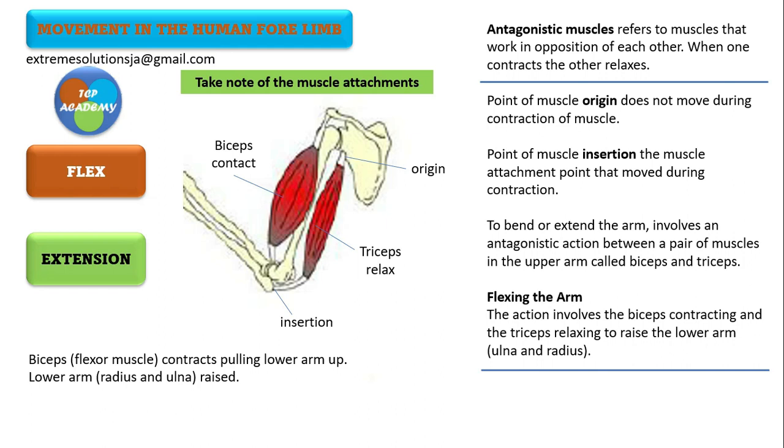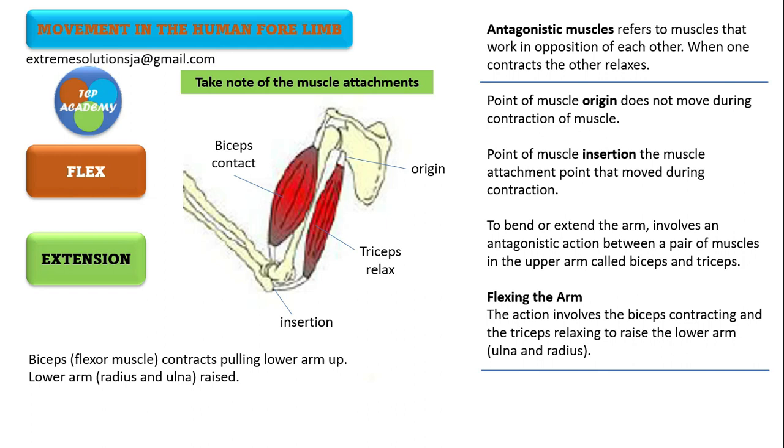So, the point of muscle origin does not move during the contraction of muscles. So, when the muscles are contracting, the point of origin does not move. Now, the point of muscle insertion is the muscle attachment point that moves during contraction. So this is pretty much the point that moves when the muscle contracts.